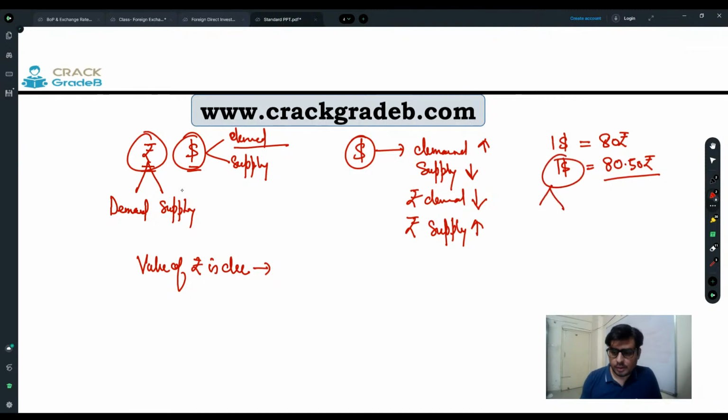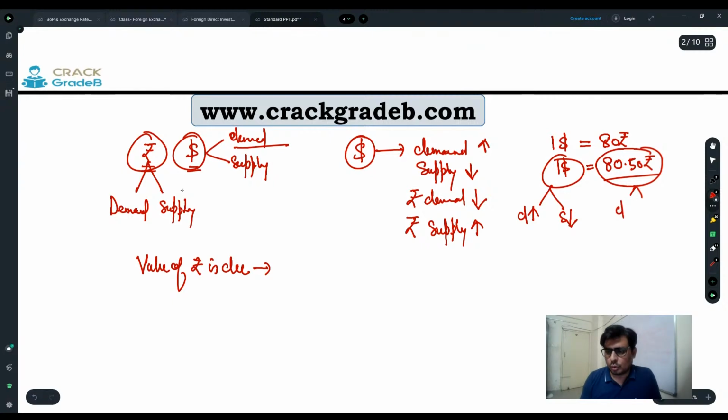Now one reason may be because of the dollar: maybe the demand of dollar has increased or supply has decreased. Or maybe the demand of rupee has decreased, or supply of rupee has increased.